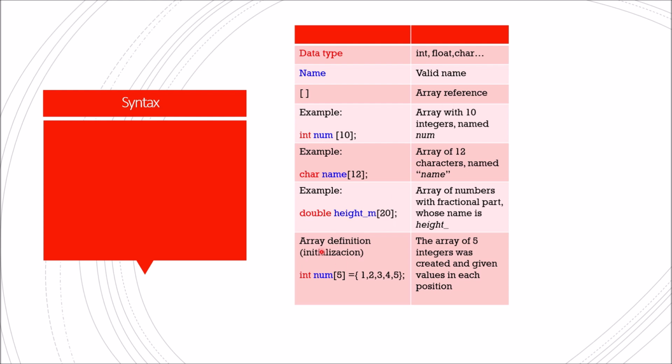And the last one is this array definition, where we are creating the array but also initializing every position within the array. Remember that if we define this to be integers, we cannot use any other type whenever we are initializing or storing values within every position.